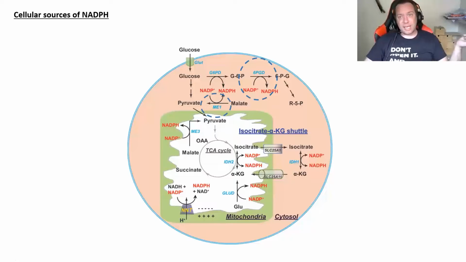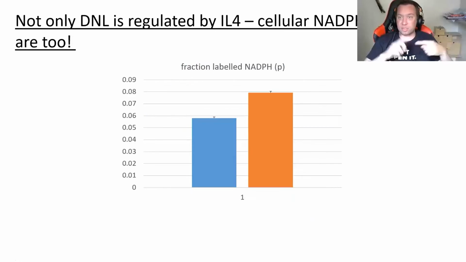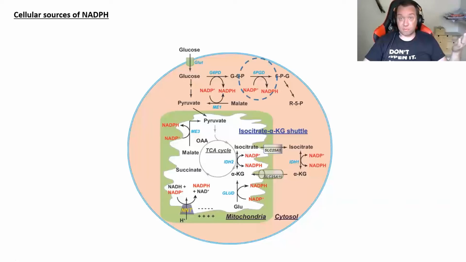So it is entirely possible that if the balance of which enzymes are responsible for NADPH production changes, we can see a change in our p-value, because if we start doing more pentose phosphate pathway in response to IL-4, more of this and less of this, our label on our 3,3D glucose can only enter into the NADPH pool at this enzyme.